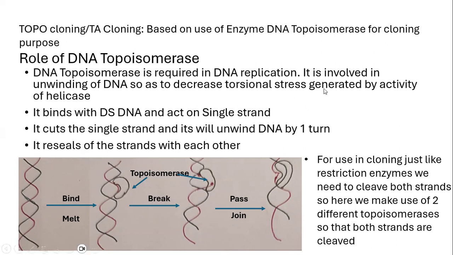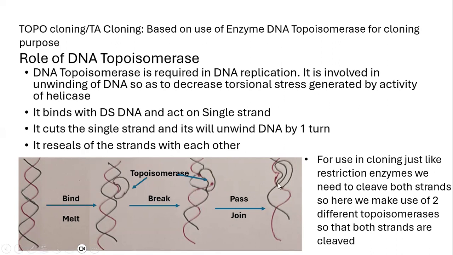What DNA topoisomerase does is it can bind to both strands of DNA. However, DNA topoisomerase 1 acts on only one strand, that is, it cleaves one strand of DNA. This leads to a break, and the other strand will pass through the break and will decrease the number of supercoils.